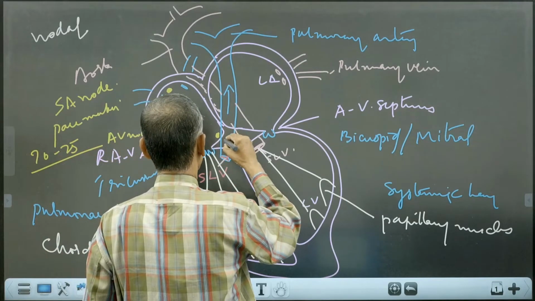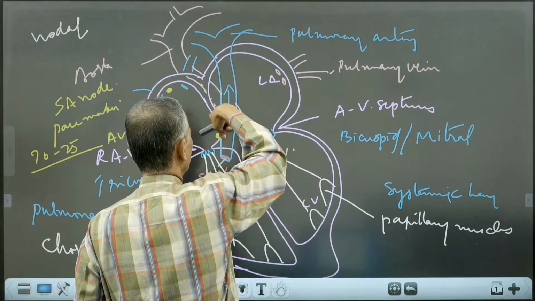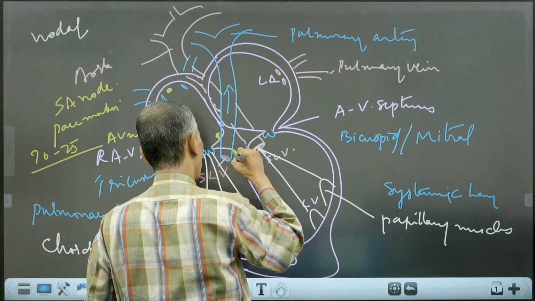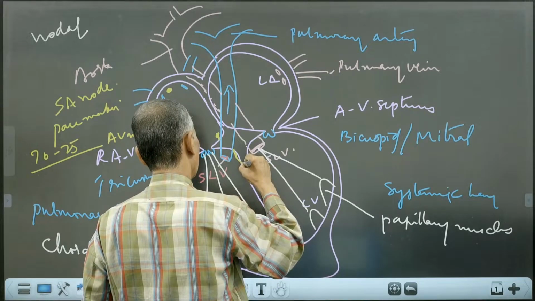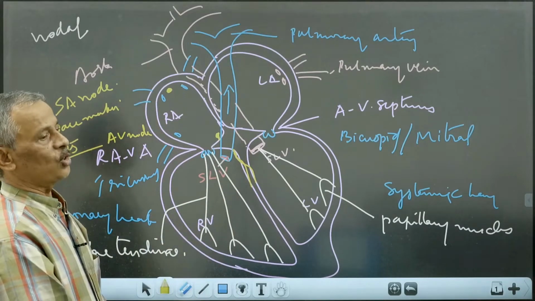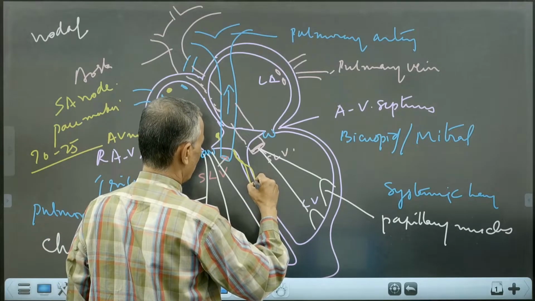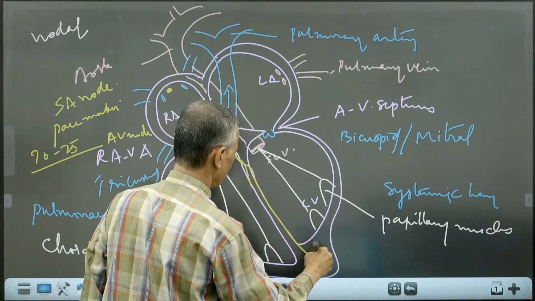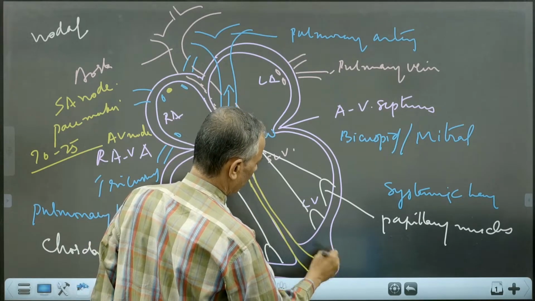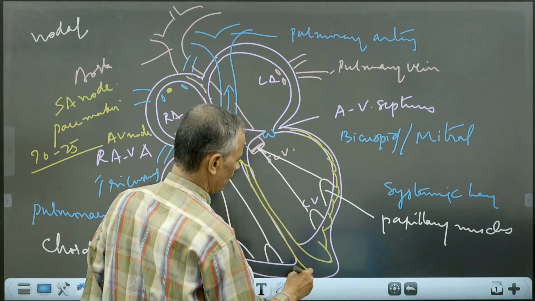From this AV node arises a bundle, AV bundle, that pierces this septum, emerges on the lower side and then enters into the atrioventricular septum and divides into two, passes through the anterior and posterior walls up to the apex of the heart, where it divides into branches and supplies the entire wall of the ventricle.